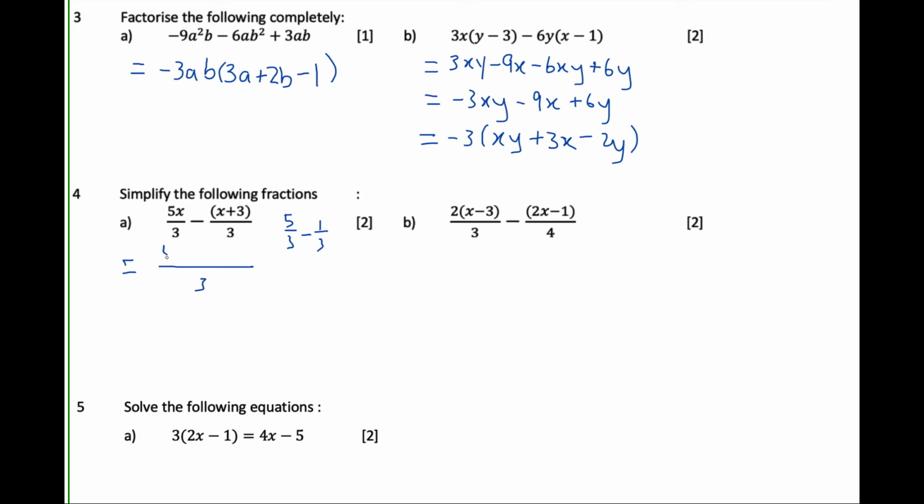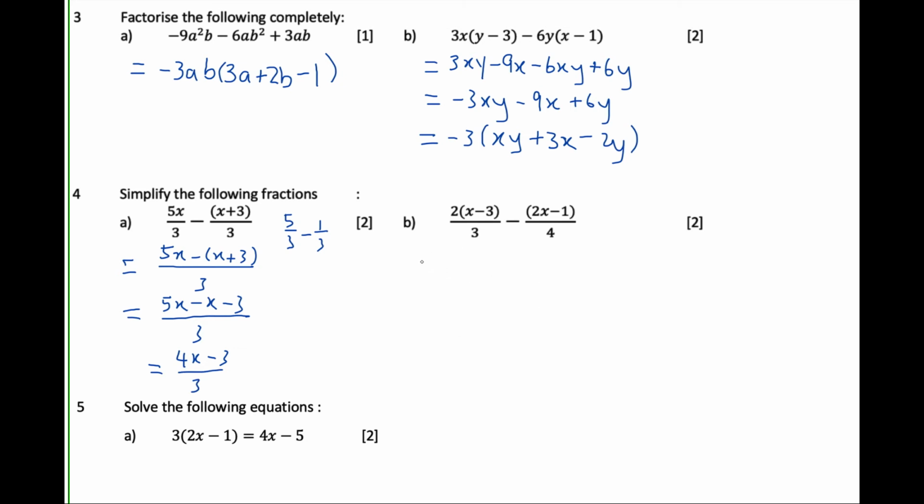We subtract the numerators. Since we have brackets, we must be careful with the change of sign. 5x minus 1 times x, minus 1 times 3, 5x minus x minus 3.